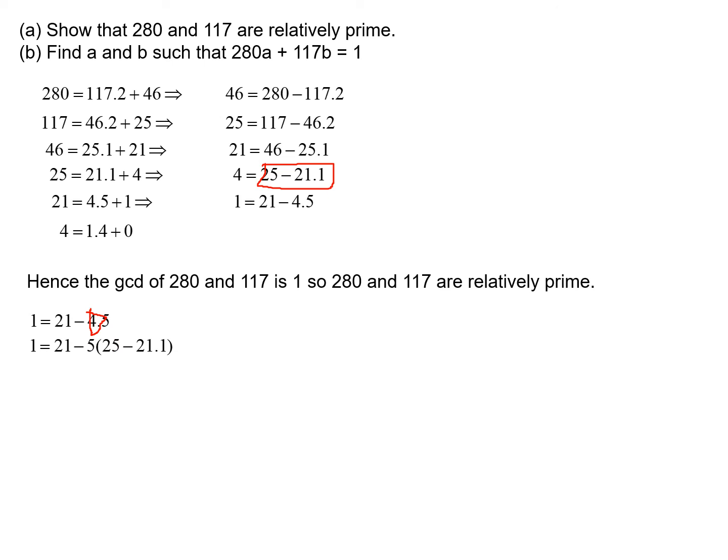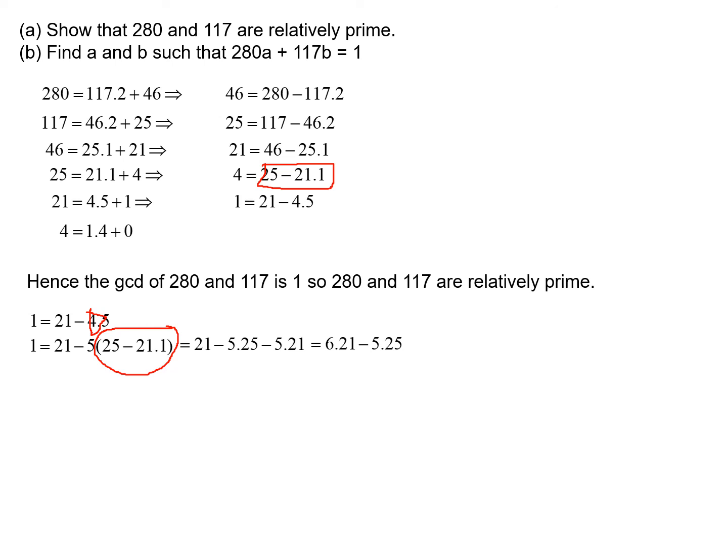When we substitute the equivalent of 4 and multiply by 5, the next step is to simplify it. We collect the multiples of 21 and 25 individually, and then we get 6 times 21 minus 5 times 25.